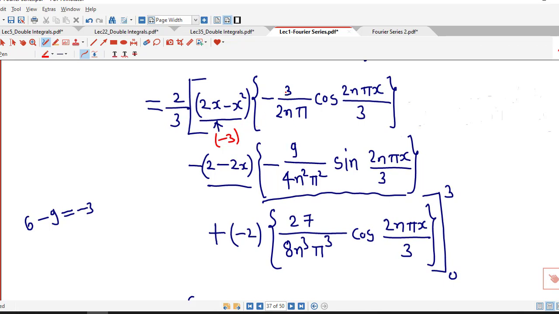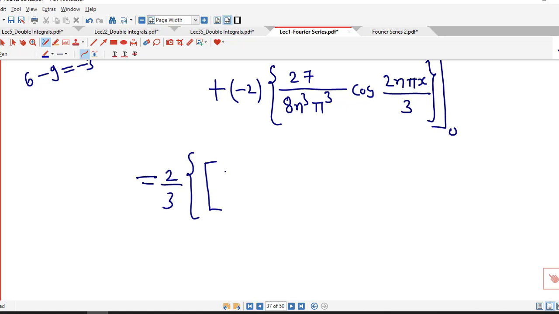Minus 3 into minus 3 by 2n pi, that is going to be 9 divided by 2n pi into cos 2n pi, because if we put x equal to 3, we have cos 2n pi. So we have 9 divided by 2n pi into cos 2n pi.